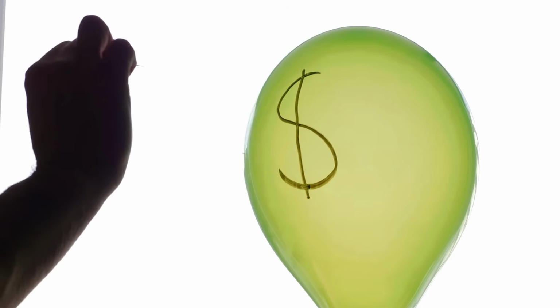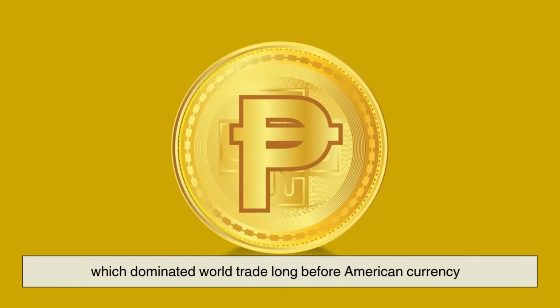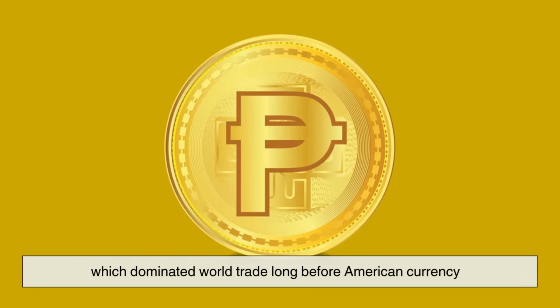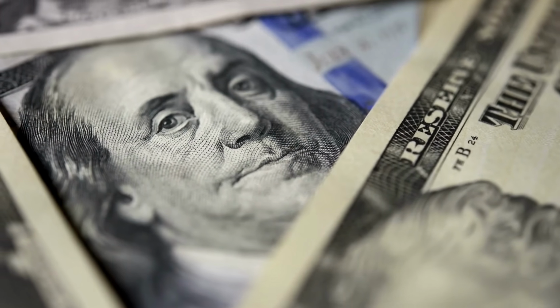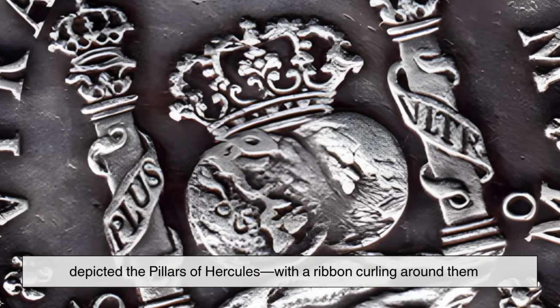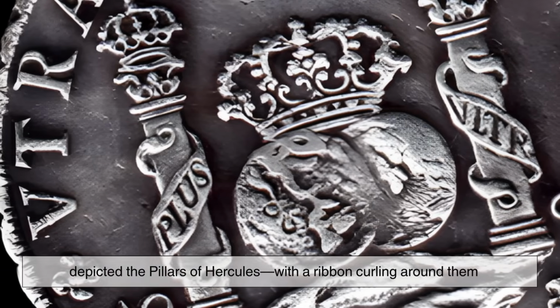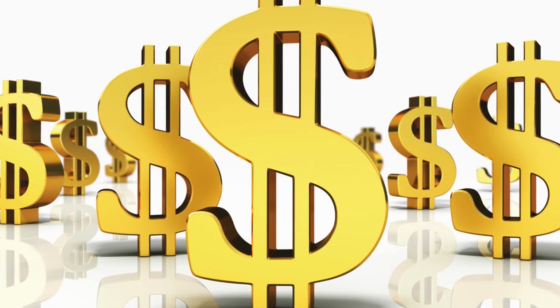The stronger theory traces the dollar back to the Spanish peso, which dominated world trade long before American currency. Others argue the dollar evolved from the symbol for the Spanish pillar dollar, which depicted the pillars of Hercules with a ribbon curling around them, an image that looks suspiciously like the modern dollar sign.